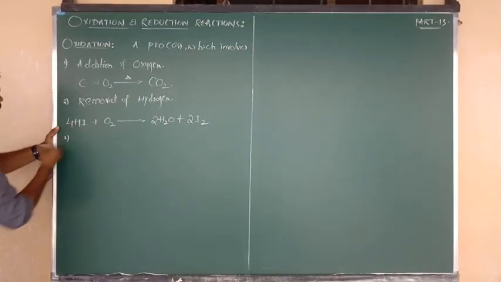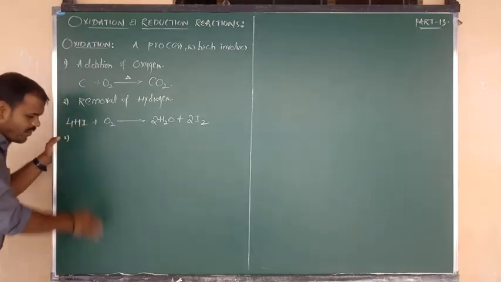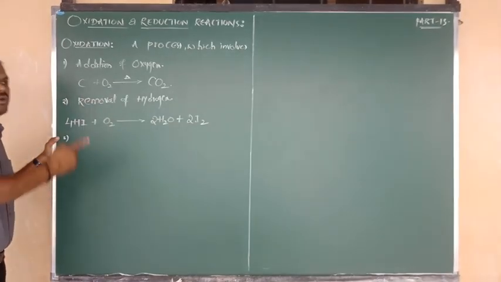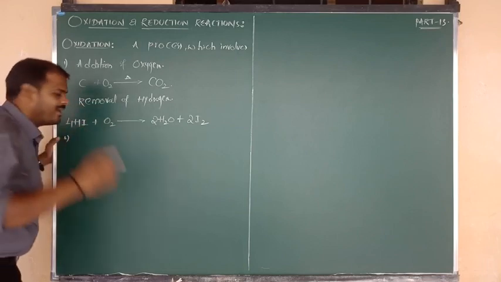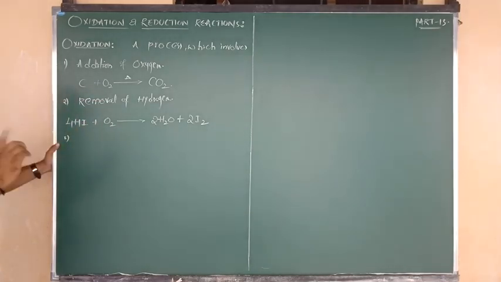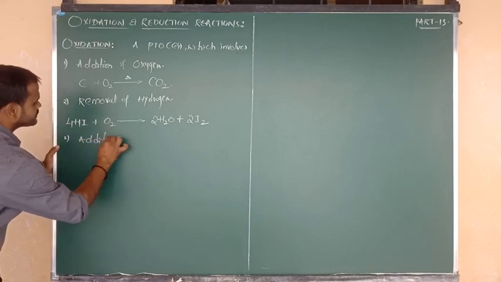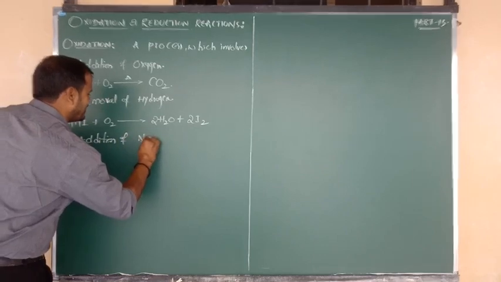Now I am going to show you another definition for oxidation. These definitions are very useful for our regular PUC classes. Are you ready? What is the definition of oxidation? Another one is addition of non-metal.